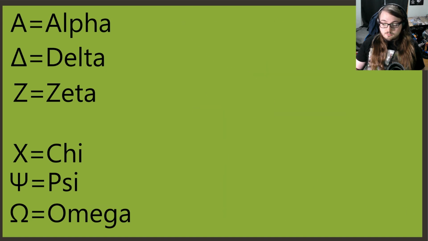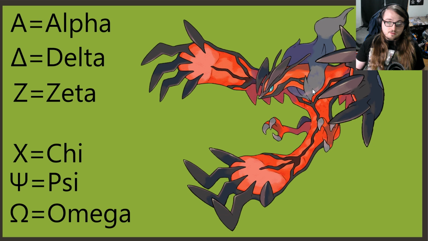It could refer to Yveltal, because as you can see, these little fork thingies right here kind of look like his little fork things on him. It's a bit of a stretch, I will admit, but there is some connection. We've had so far several coincidences that each of these can fall under a Greek alphabet.